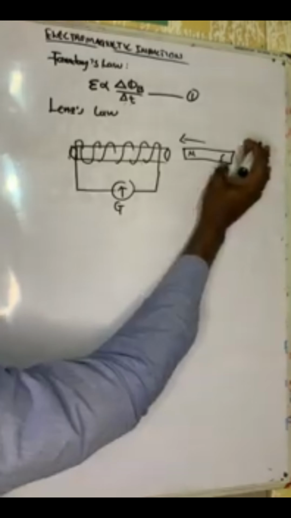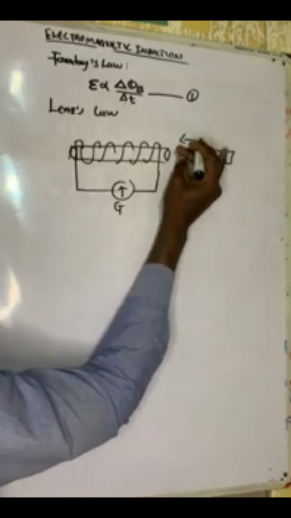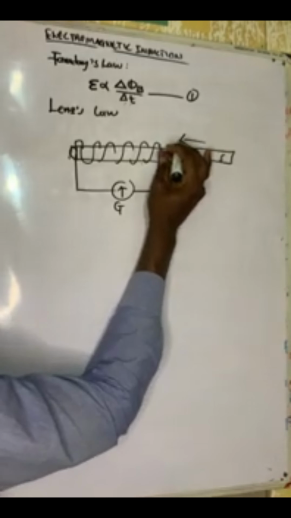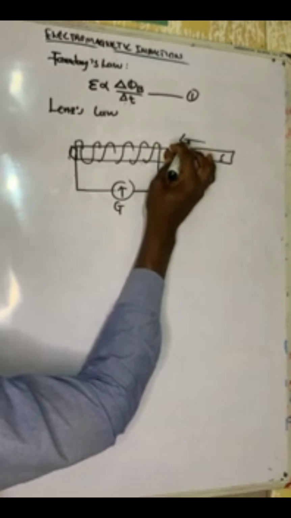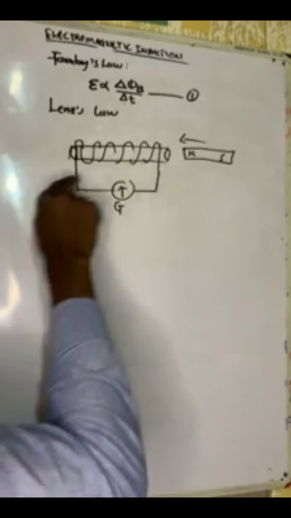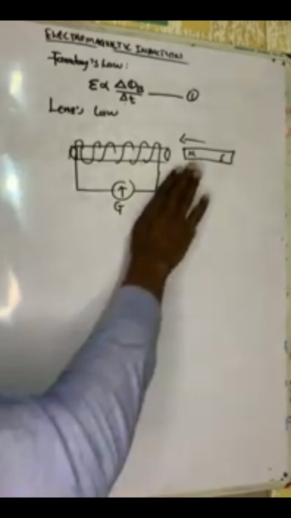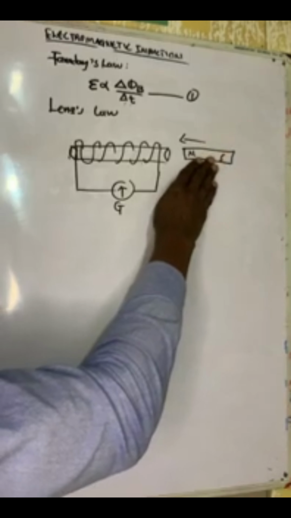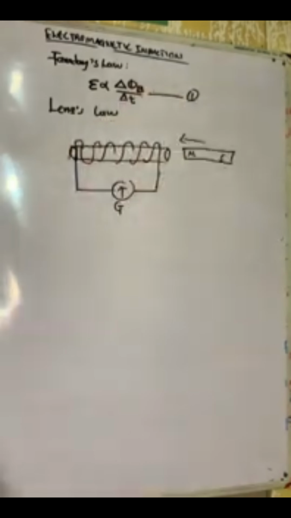So if you are drawing the bar magnet toward the solenoid, it would have to assume some sort of force in order to oppose that effect that you are giving it. And so the induced EMF during electromagnetic induction would have to move in a direction so as to oppose the magnetic flux causing a change in this particular setup.